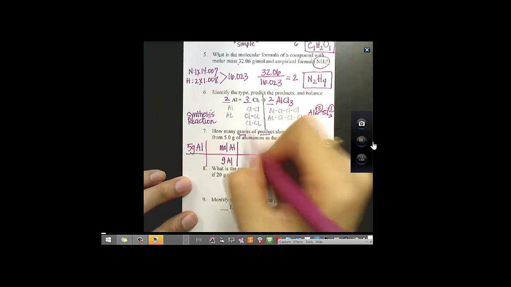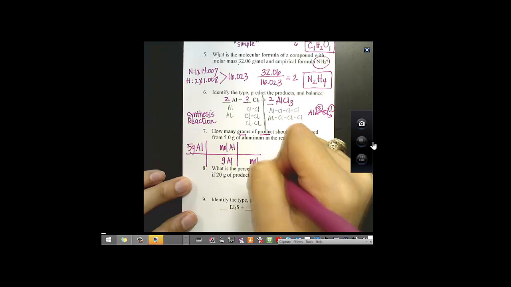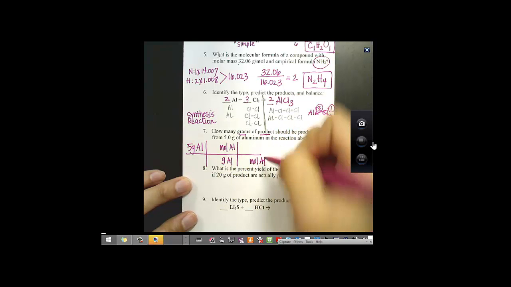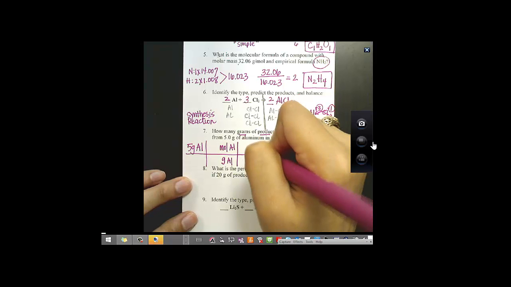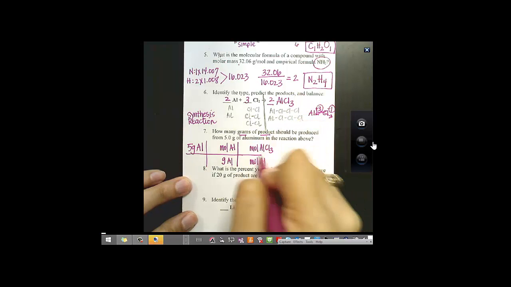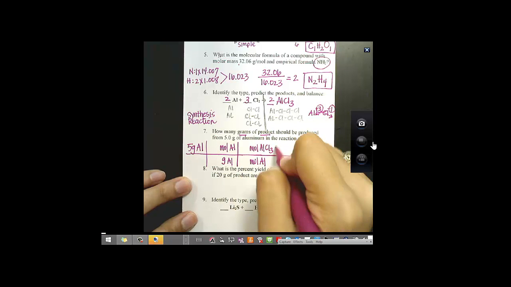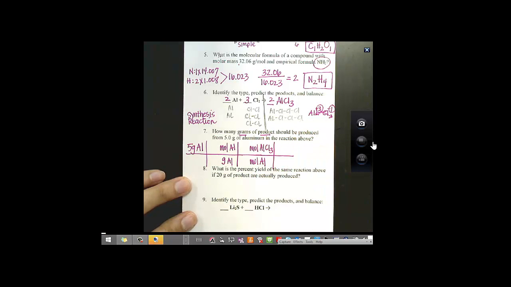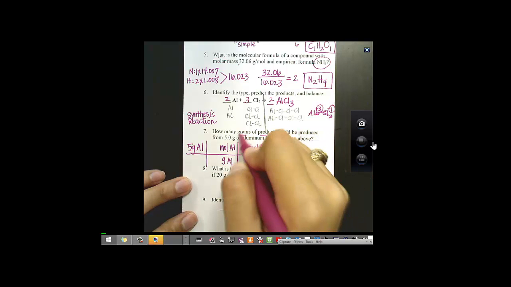I have to do that in moles. So I have moles of aluminum. I need to cancel out moles of aluminum. And on the top, I'm going to put moles of aluminum chloride. I don't want moles, I need grams.